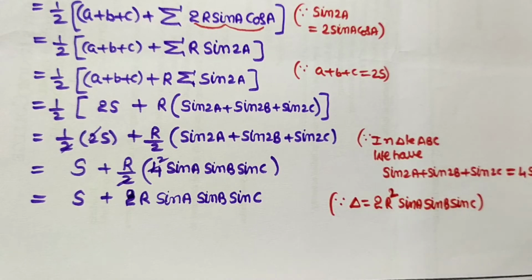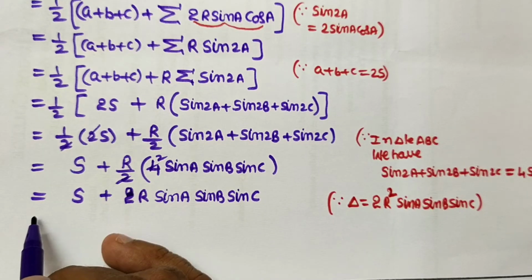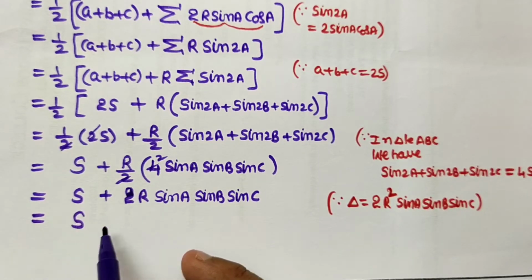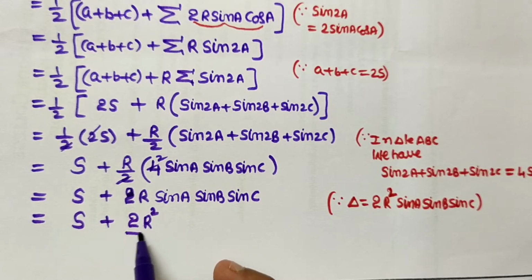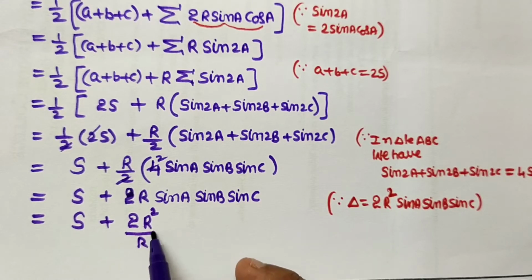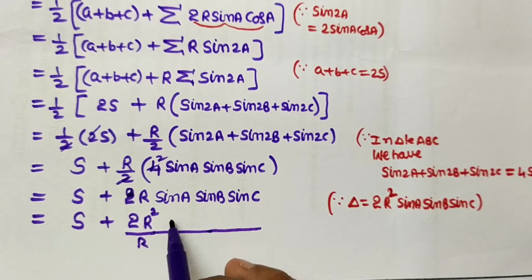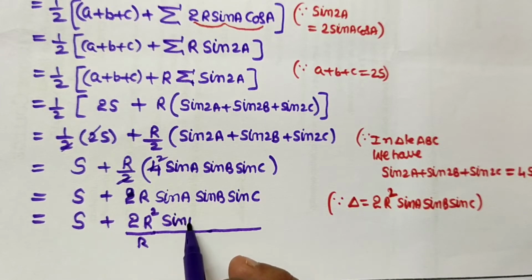Here we have only 2R, so to get R square, multiply and divide by capital R for the second term. So now it is S plus 2 into R square divided by R into sin A sin B sin C.